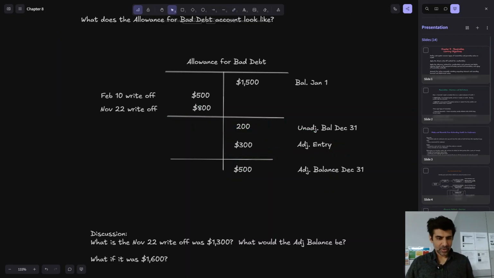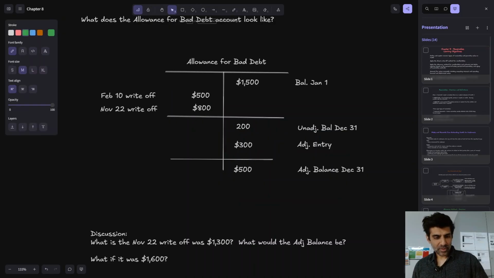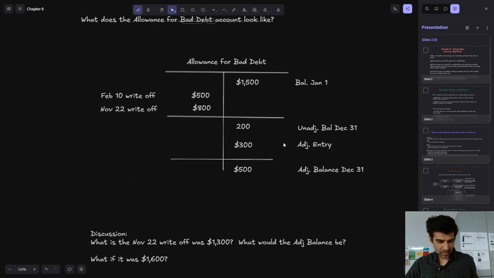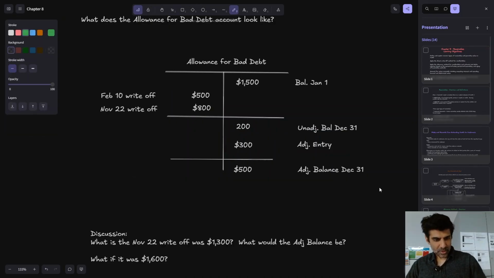Now if this was even larger, let's say it was 1,600, this is now 2,100. So this is a $600 debit balance.